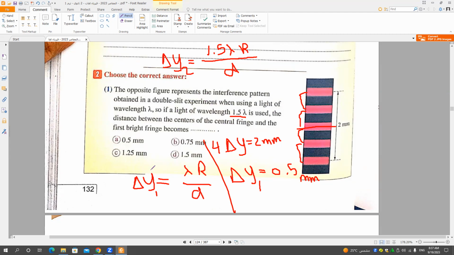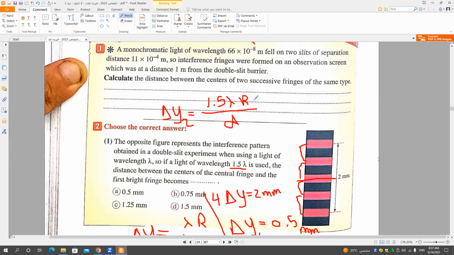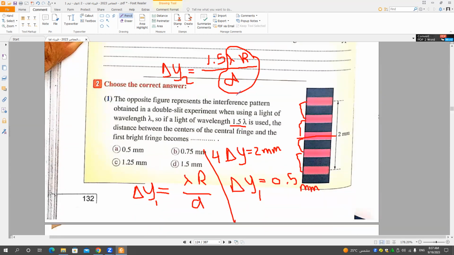Okay. This value here equals what? Equals delta y1, and delta y1 equals lambda r over d.